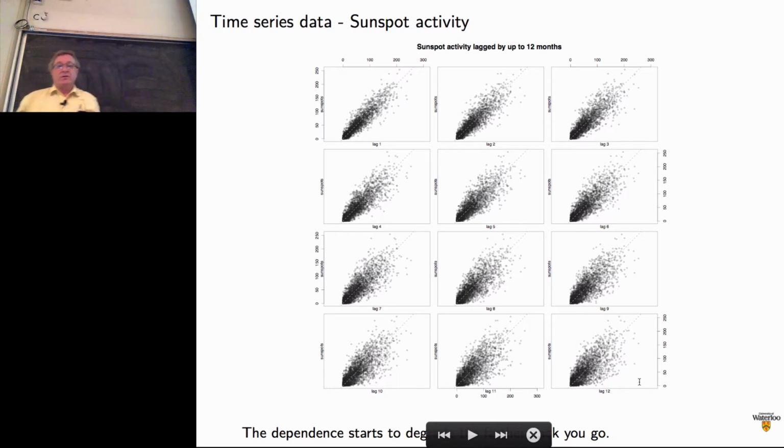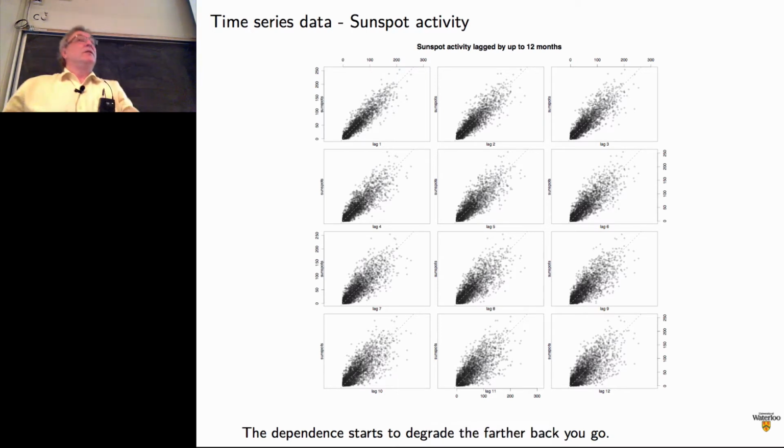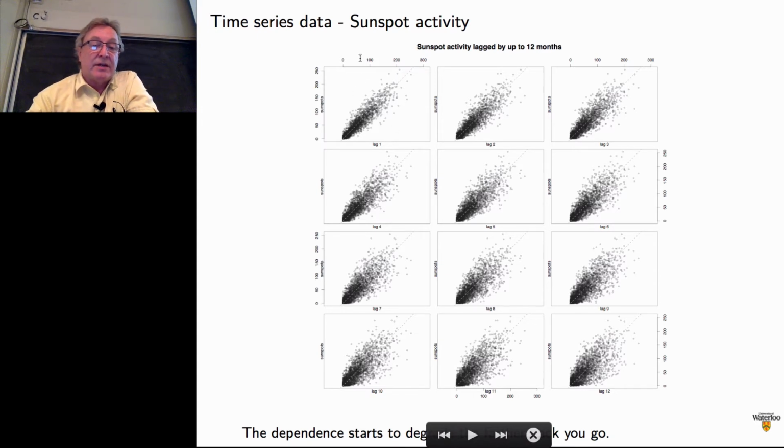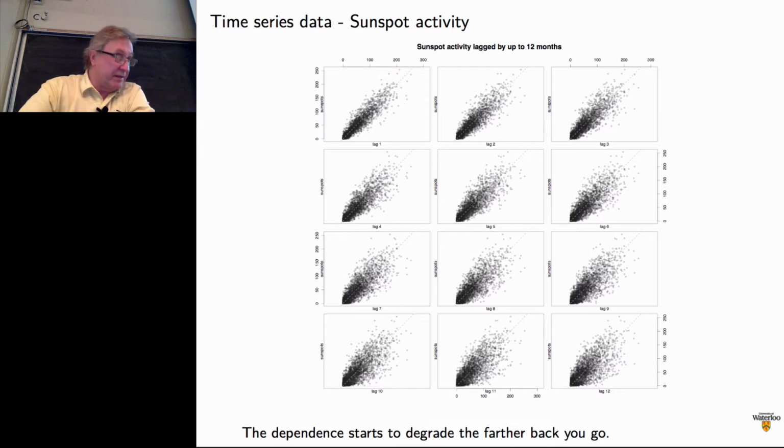And you might notice that the lag is still giving you some idea of how to predict how many sunspots there are in a given month based on the number of sunspots some number of months ago. But you'll also notice that it's tightest here, 1 month ago, and it seems to get more dispersed the farther back in time. So it's not doing quite as good a job at being able to predict that. Does everybody see that?